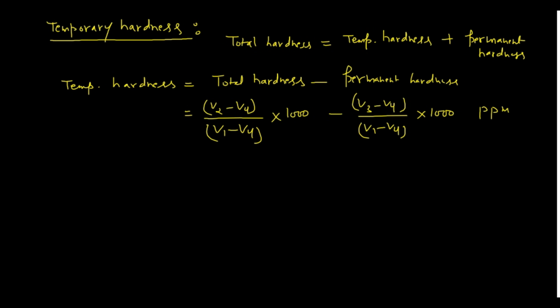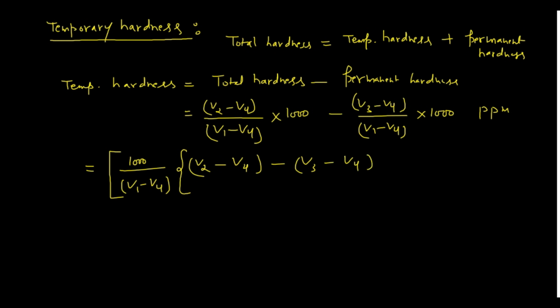If I solve this expression, you see this 1000 and V1 minus V4 are common. So I take 1000 over V1 minus V4 common here, then incorporate another bracket. I am left with V2 minus V4 minus V3 minus V4, this much ppm.